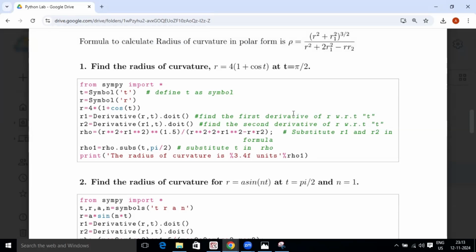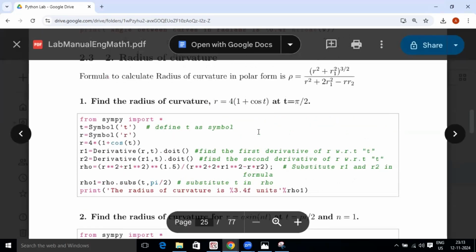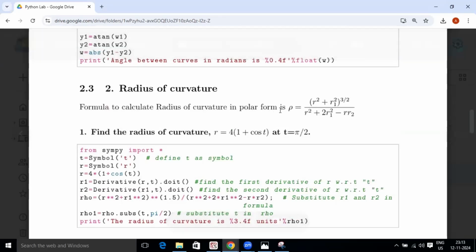And the second one is to find the radius of curvature, and the formula to calculate the radius of curvature in polar form is rho equals this particular formula, where r is the radial distance from the origin to a point on the curve, r1 is the first derivative of r with respect to the angle theta, and r2 is the second derivative of r with respect to theta.